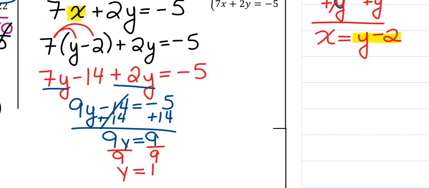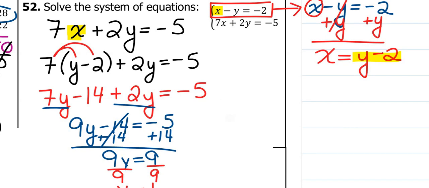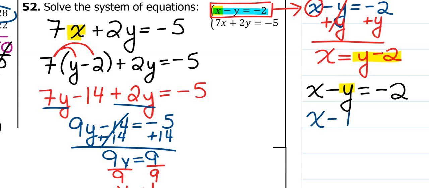I can choose either one of the equations now that I know one of the variables to plug into. This looks like a much simpler equation, so I'm going to use that. So I'm going to plug into x minus y equals negative 2. Since I know that y is 1, I'm going to plug in here. So x minus 1 equals negative 2.